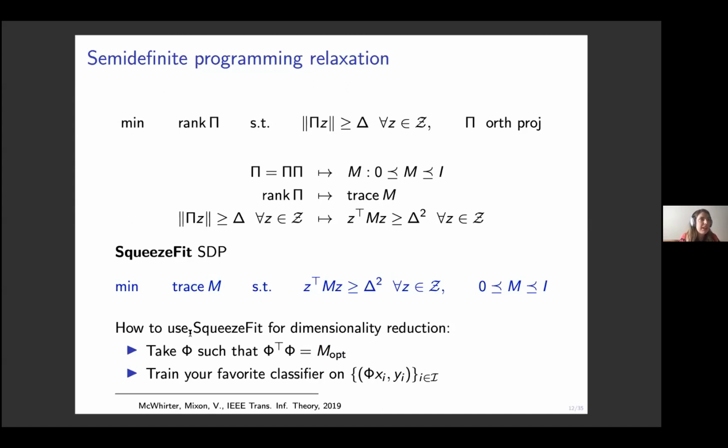So you can think that a lot of zeros are going to show up, so you expect that this phi is going to be low rank. And so it's not going to be a projection in general, but you can think of it as a proxy of a projection and train your favorite classifier on these projected x's and keep the same label.